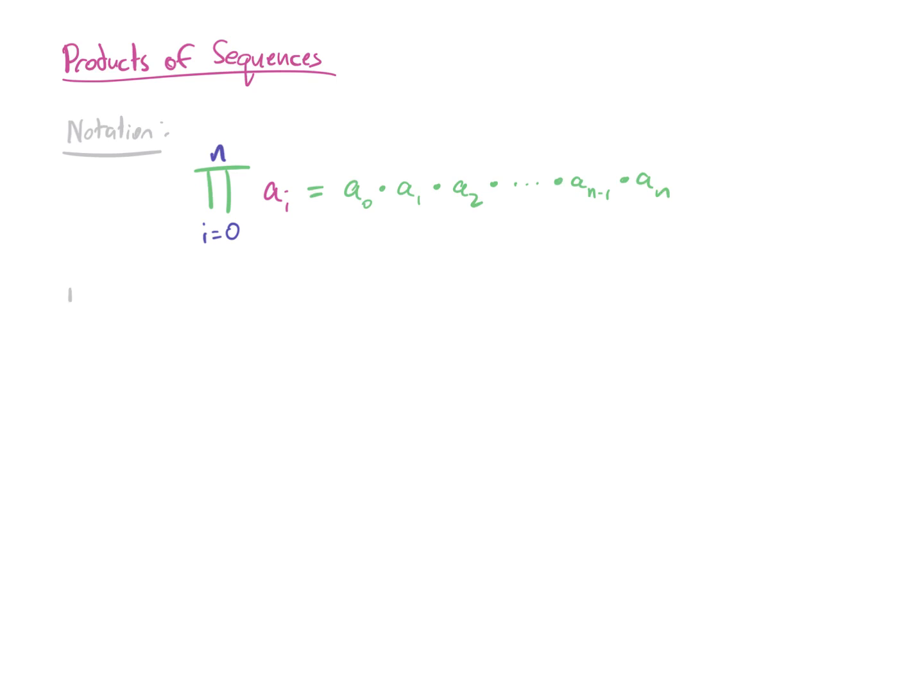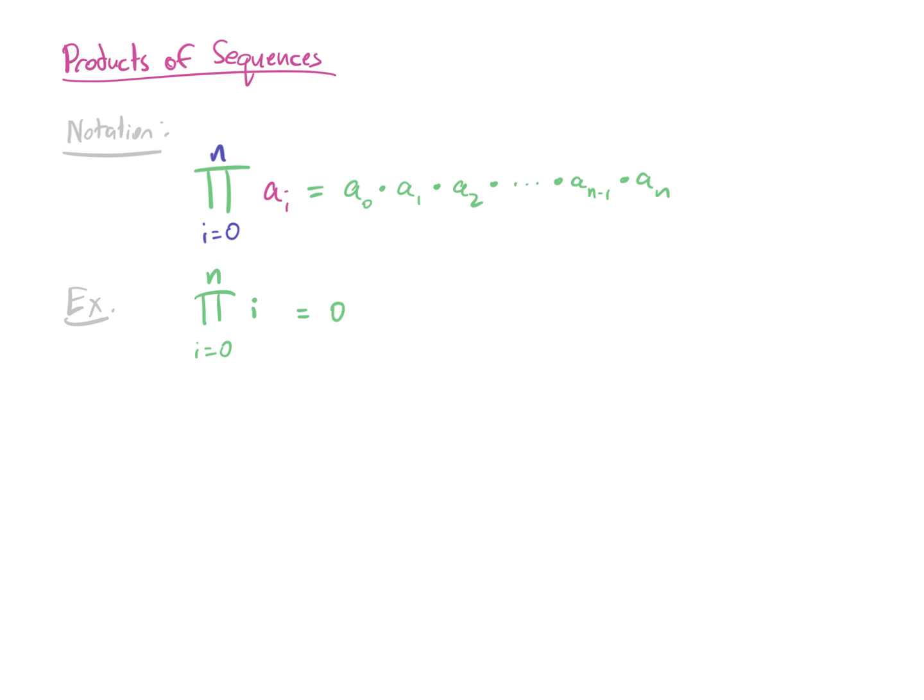So here's an example, and here we're going to start with an easy mistake to make with products. So suppose I consider the product from I equals 0 up to n of just the sequence I itself. Okay, what is this going to give me?